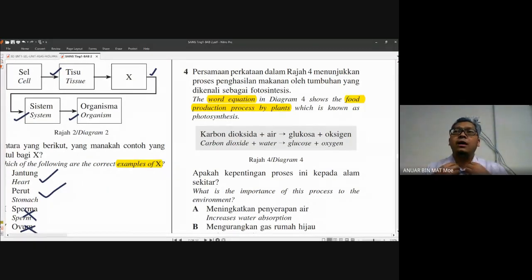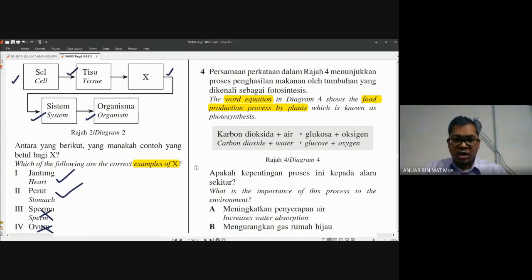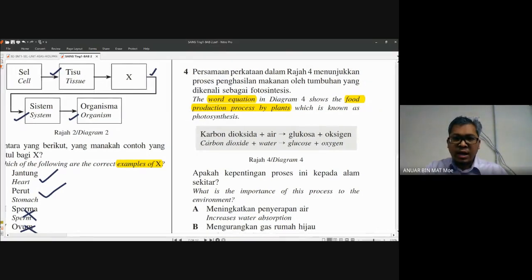And if you remember photosynthesis, you must also remember the requirements of photosynthesis. Carbon dioxide and water turn into glucose and oxygen, and you must also have chlorophyll and sunlight.